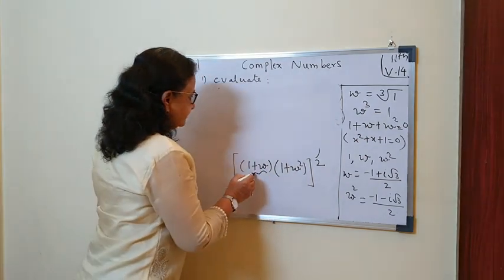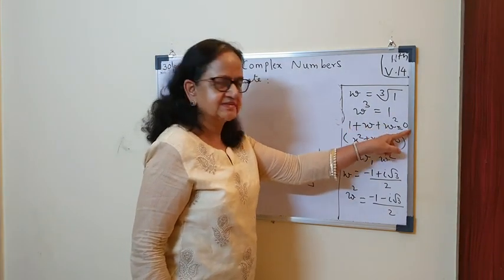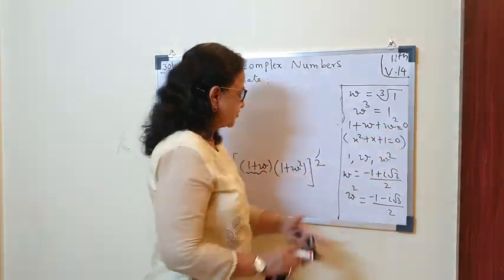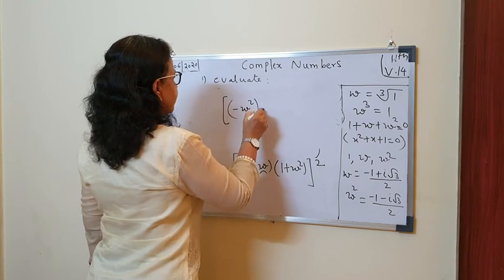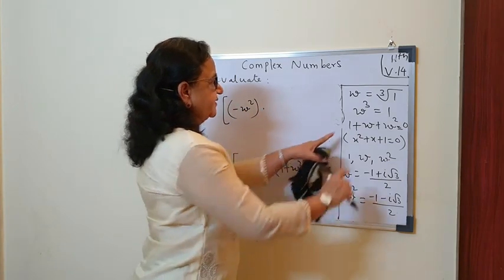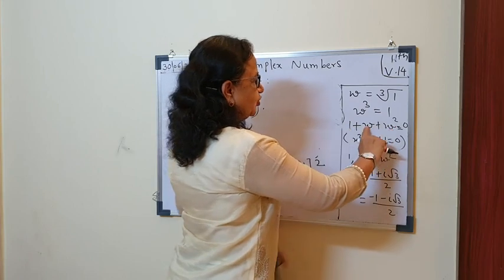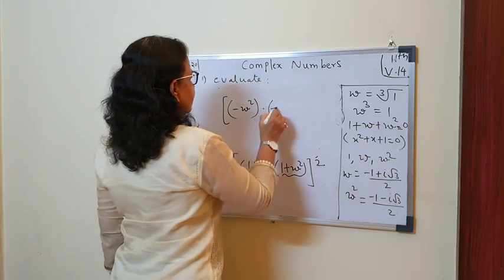Then what is the value of 1 plus omega? Omega square goes on that side, so it is minus omega square. So the first term is minus omega square, into what will be 1 plus omega square? Omega I take on that side, so it is minus omega.